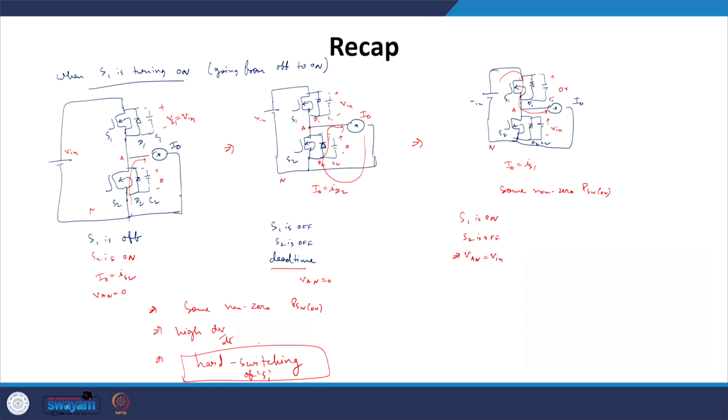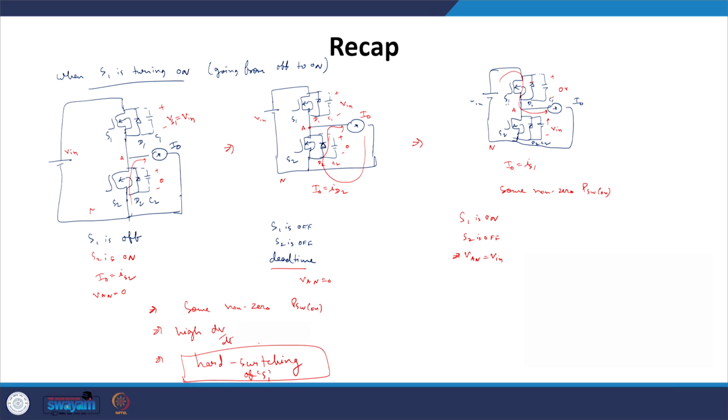Since Vin is directly imposed upon the switch whenever the channel is formed, that is, whenever the gate pulse for S1 is given, you have finite turn on losses in the S1 switch. You will also see that the dV/dt at terminal A is not under control.